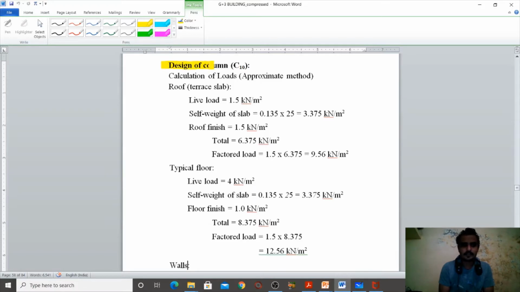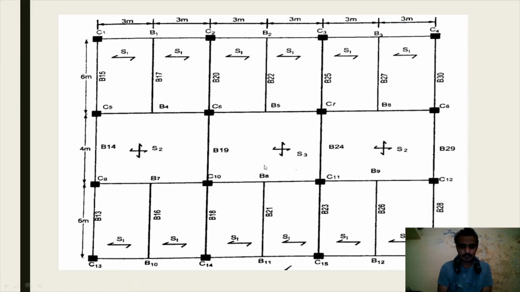Okay, students, we are starting the design of column C10. So let's see what C10 is. Here is a figure, you can see it's C10. So we are going to design this column.